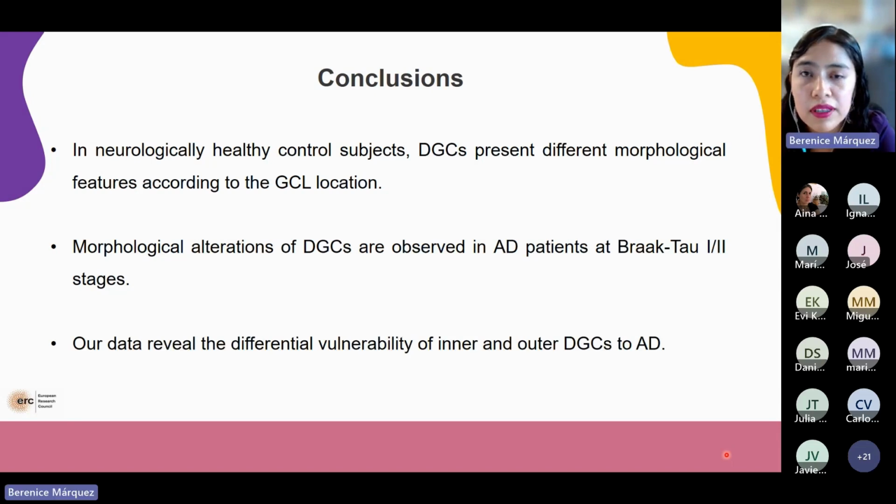Our data reveal the differential vulnerability of inner and outer dentate granule cells to Alzheimer's disease, and support the notion that the malfunction of the hippocampus underlies the cognitive impairments observed in Alzheimer's patients.